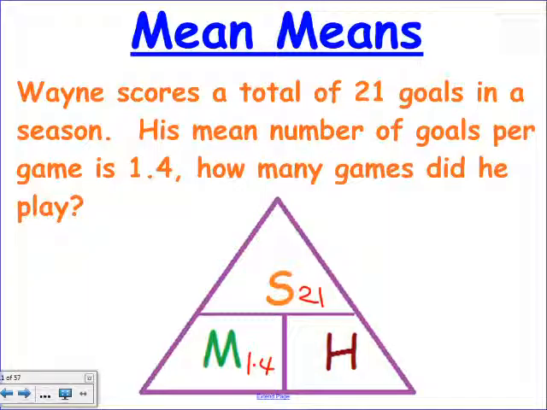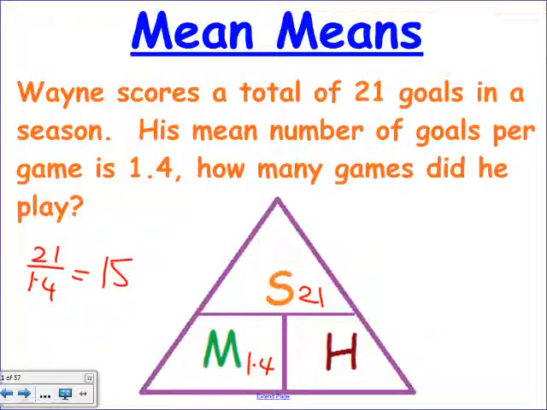So to find out how many games he needed to score his 21 goals, you cover up the H, so how many, and what does it tell me to do with my S and my M values? Divide: 21 divided by 1.4, and it tells me, as we found out yesterday, he needs to play 15 games to score those 21 goals.